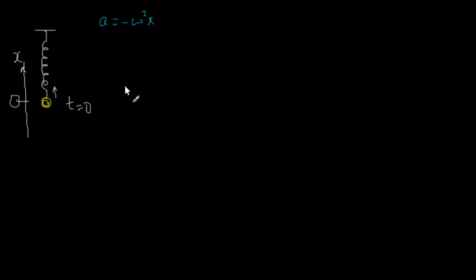And what I'd like to do now is to understand why this equation implies that x must have such a form that it is a constant times sine omega t.